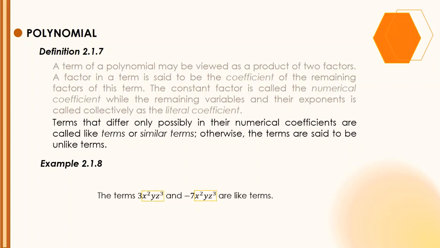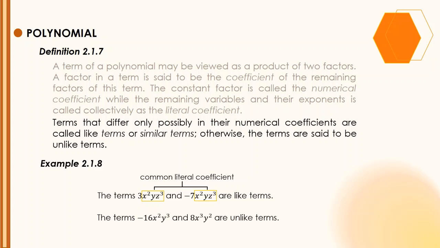Kasi they have a common literal coefficient. So, pareho yung literal coefficient nila. The terms negative 16x squared y cubed and 8x cubed y squared are unlike terms dahil magkaiba sila ng literal coefficient.